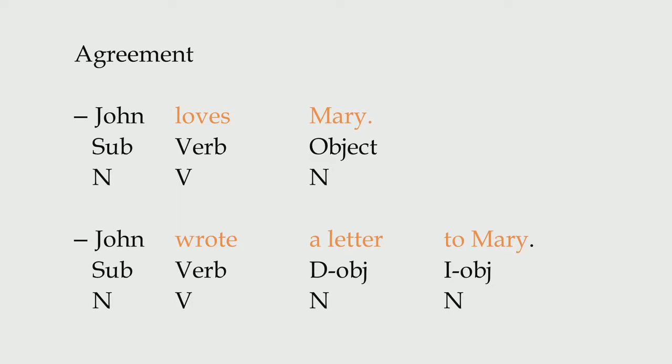Like we have said, a sentence is not a random collection of words. That is, we do not put words together randomly. In other words, there is a pattern of the words and there is a reason why words are together the way they are, and that reason is agreement.